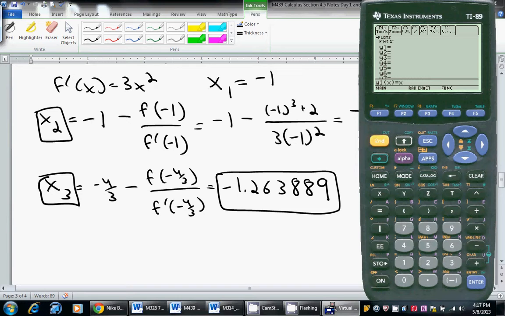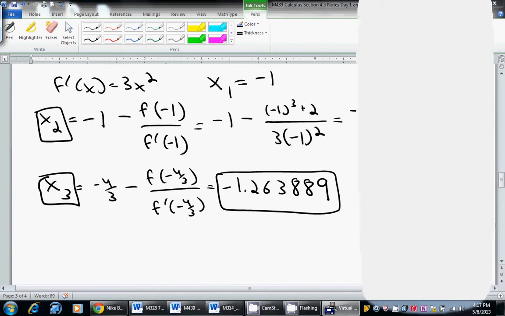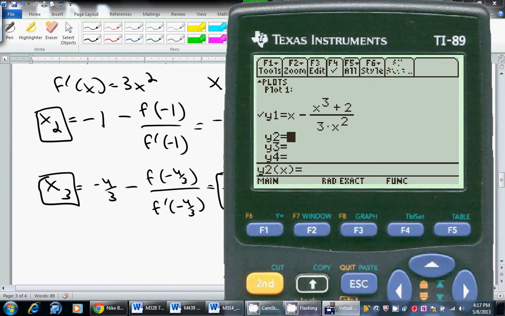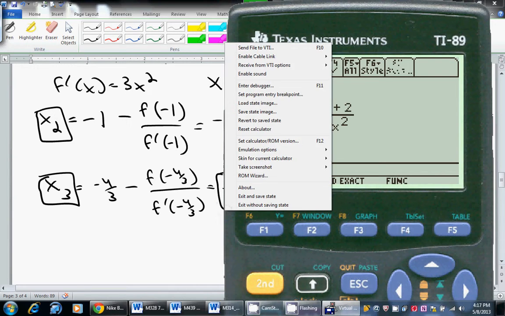So this is going to be x minus f of x, so in parentheses, x cubed plus 2, divided by f prime of x. This is what I'm doing each time. Every time I do a step in Newton's method, this is exactly what I'm doing. I just have a different x value each time. So, might as well let the calculator do that work for us. This is going to be x minus f of x over f prime of x, and that's going to give me the next guess in Newton's method.